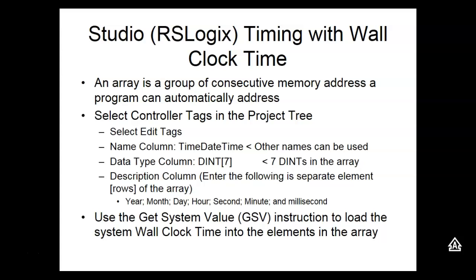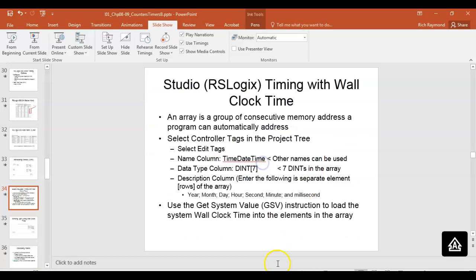On RSLogix 5000, these system variables are not readily available. We have to use an instruction called Get System Value, GSV. And then we tell it what values we want to bring into an array. That makes sense? So we'll come in here and create an array.